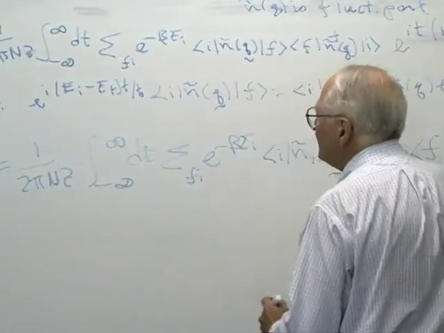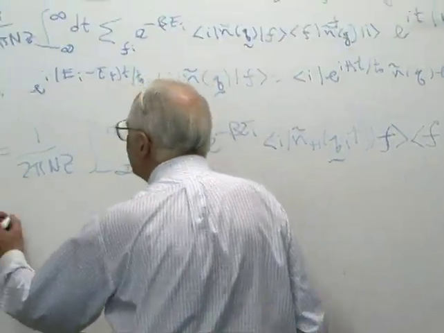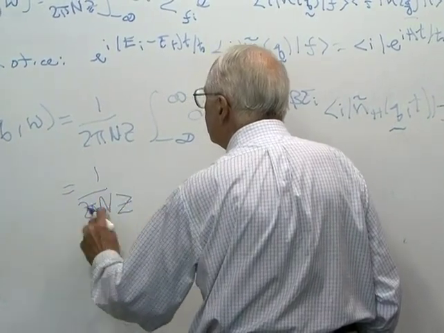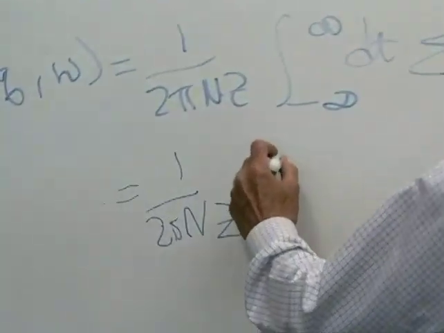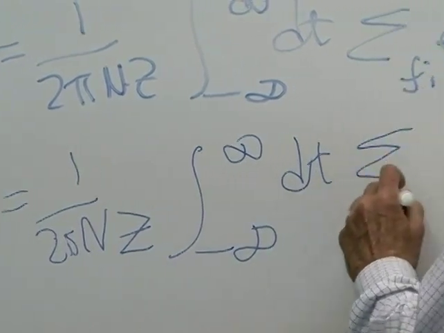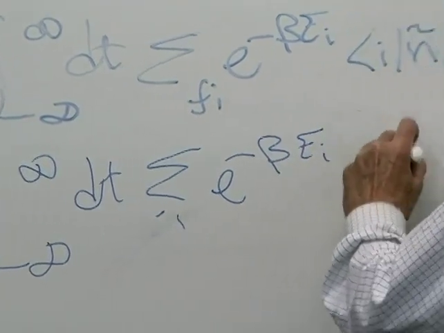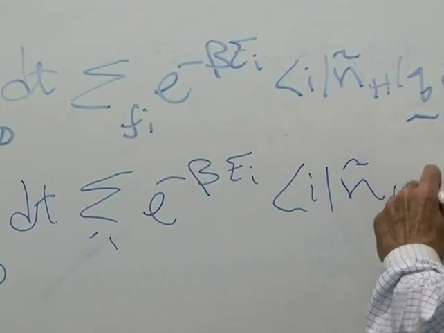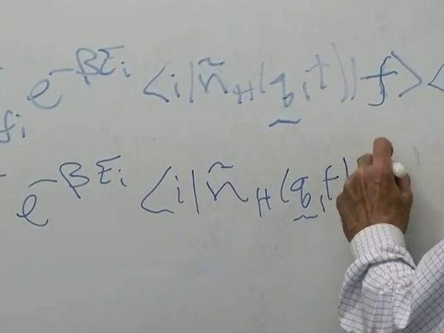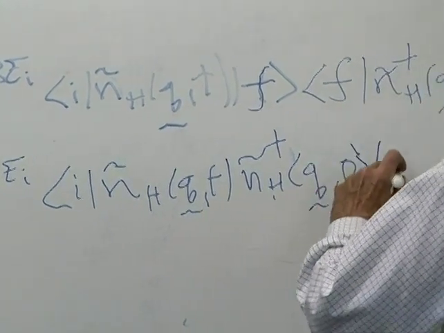And so let me see if I want to write it out. Okay, just to be very careful, 1 over 2 pi n z, integral from minus infinity to plus infinity dt, sum on i, e to the minus beta E_i, i, n tilde H of q and t, and n tilde H adjoint of q and 0, i.